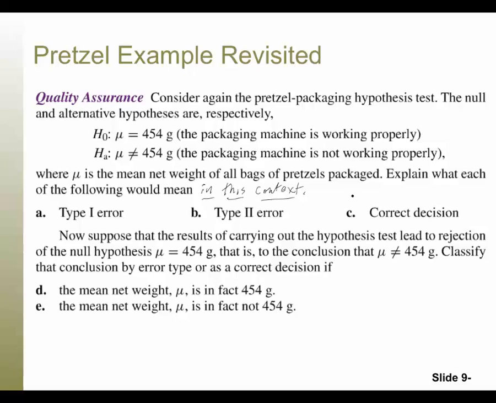All right, what's the type 2 error? Ninos. Talk to me about pretzels. So the conclusion would be that the pretzels are not 454. Okay. We didn't reject the null hypothesis when we did it. So the results of the test led us to do what?